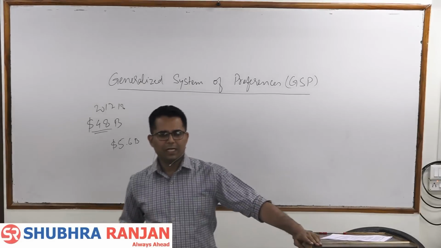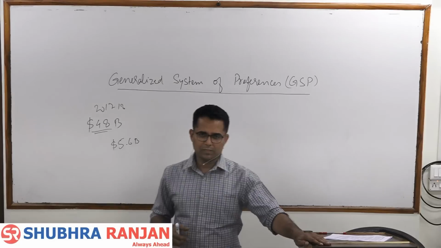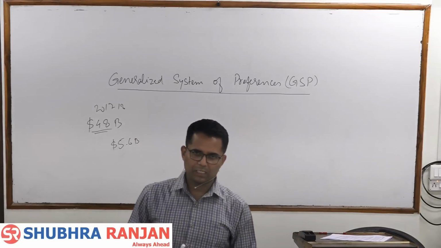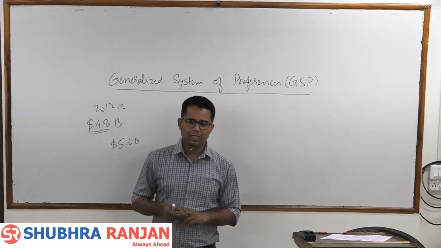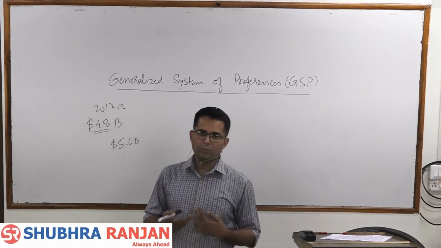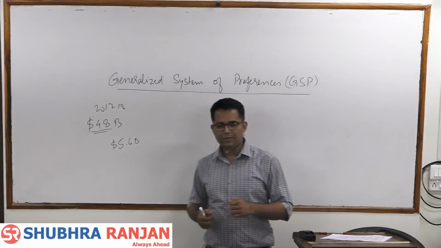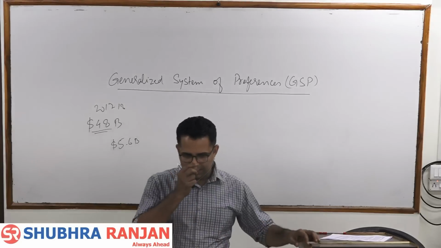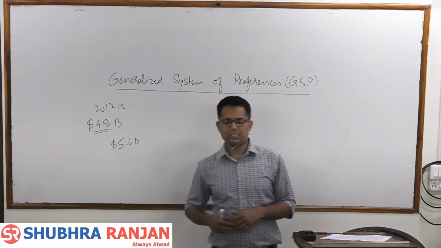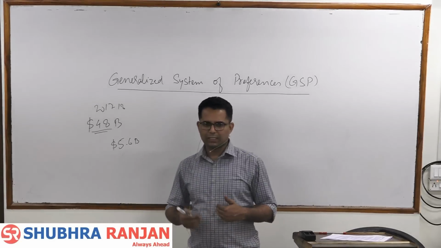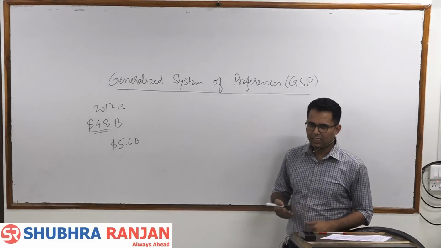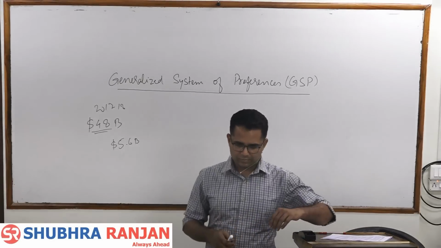One of the mandatory criteria is that the country should not be a communist country, and another is that the country should take sufficient steps to remove child labor. The discretionary criteria are the level of development of that country and how much market access that country is giving to US products. So this is the eligibility criteria under GSP.